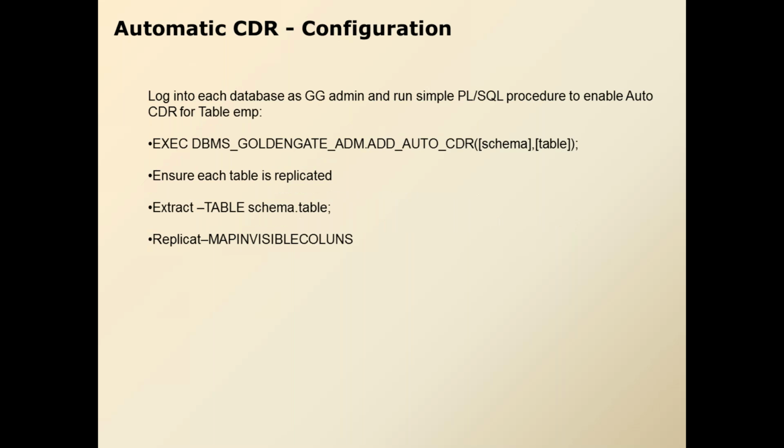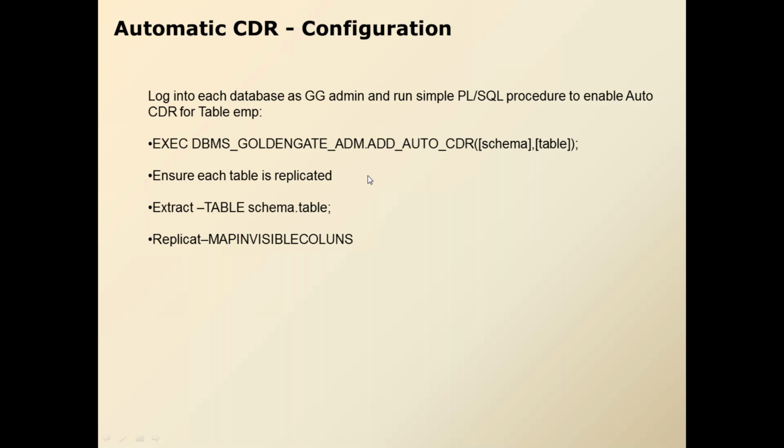Okay, so how do you configure? Log into each database as ggadmin and run a simple PL/SQL procedure to enable auto CDR for a table. You need to log in as the Goldengate administrator user and execute this procedure: execute dbms_goldengate_adm.add_auto_cdr, and then provide schema name dot table name.